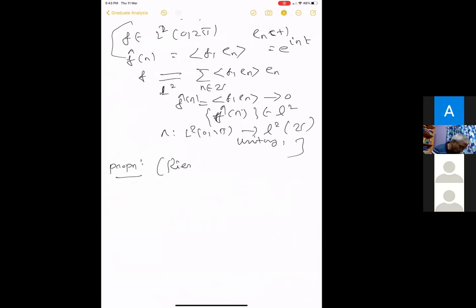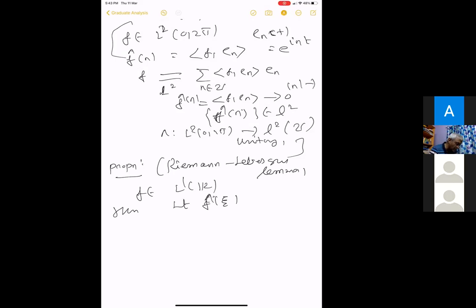Even though it's called a proposition, this is what is called the Riemann-Lebesgue lemma. f is in L1 of R. Then the limit of f hat at ξ goes to 0 as mod ξ goes to infinity.